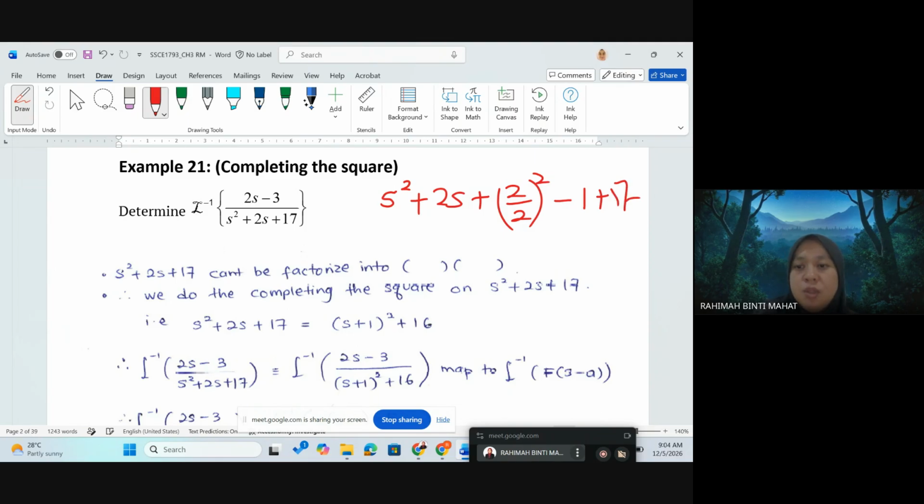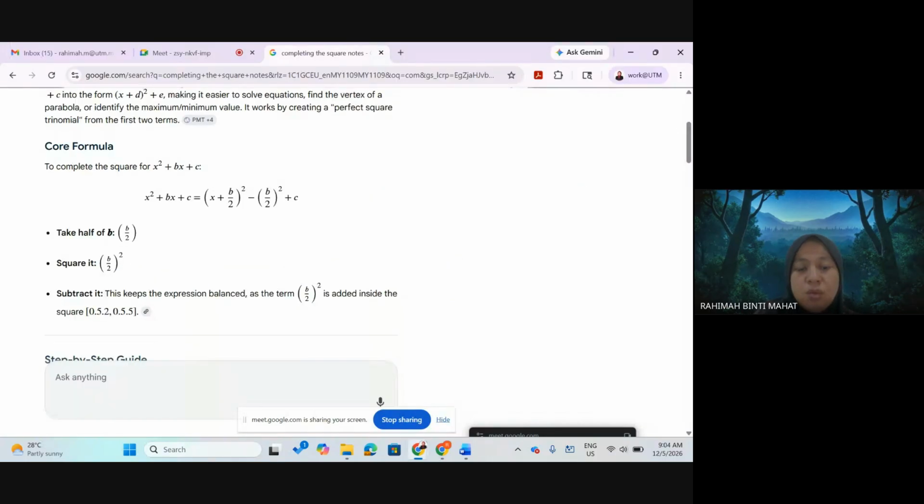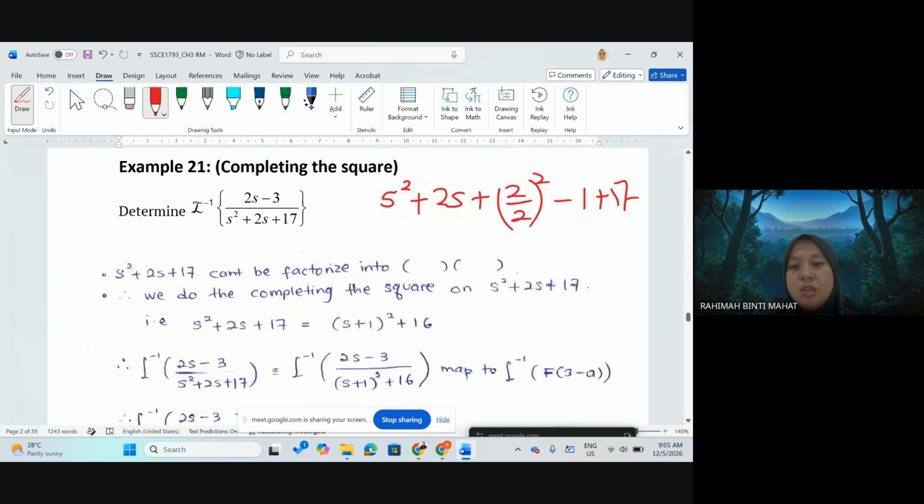I am using this formula: x plus b over 2 squared minus b over 2 squared plus c. So you get 17. When you complete the square, you just take the square only. The square is s plus 2 over 2, you get 1. You can simplify the square, plus 16.